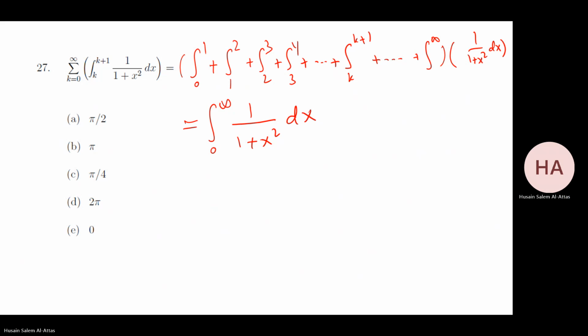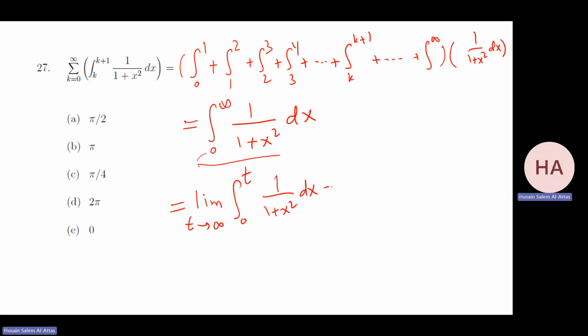So what I have, how to do this? I can do it using the limit. So I have the limit as t goes to infinity of the integral from 0 to t of 1 over 1 plus x squared dx. And that will be the limit, t goes to infinity, of tan inverse of x from 0 to t.